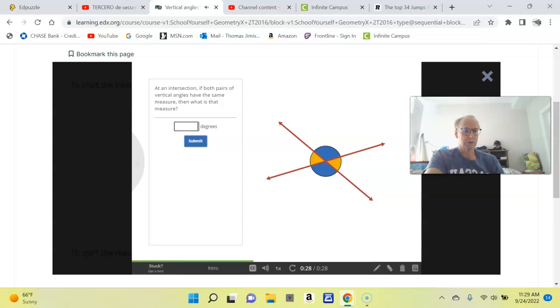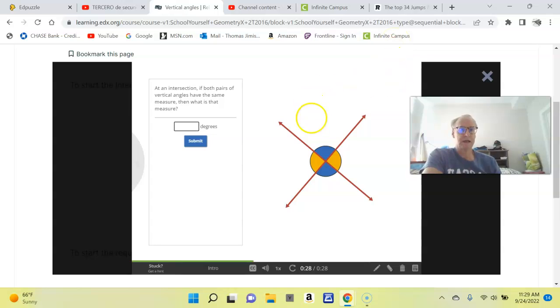Hopefully you guys will try this little deal here and try moving them around and seeing that they're the same. He wants them to be the same, so it looks to me like those are all the same angle, and we are supposed to put the value in here.